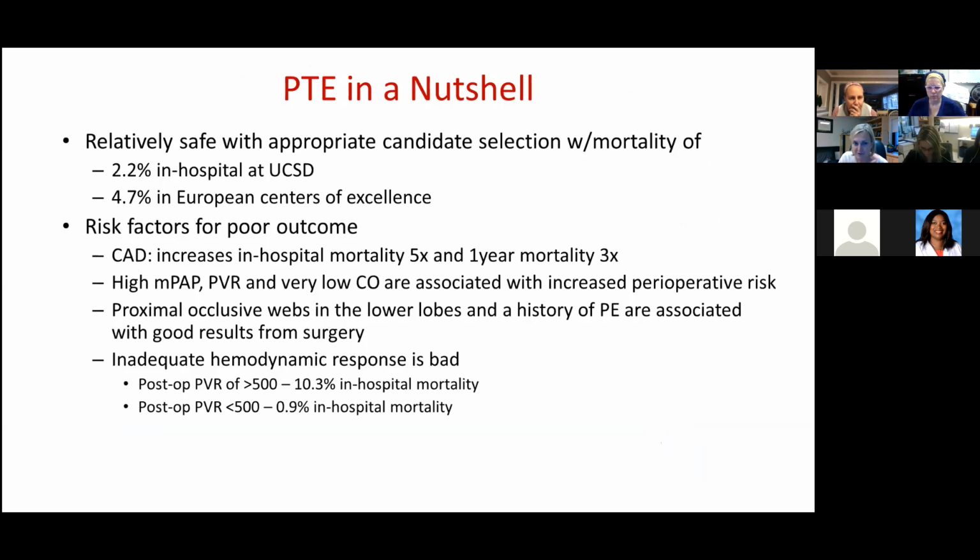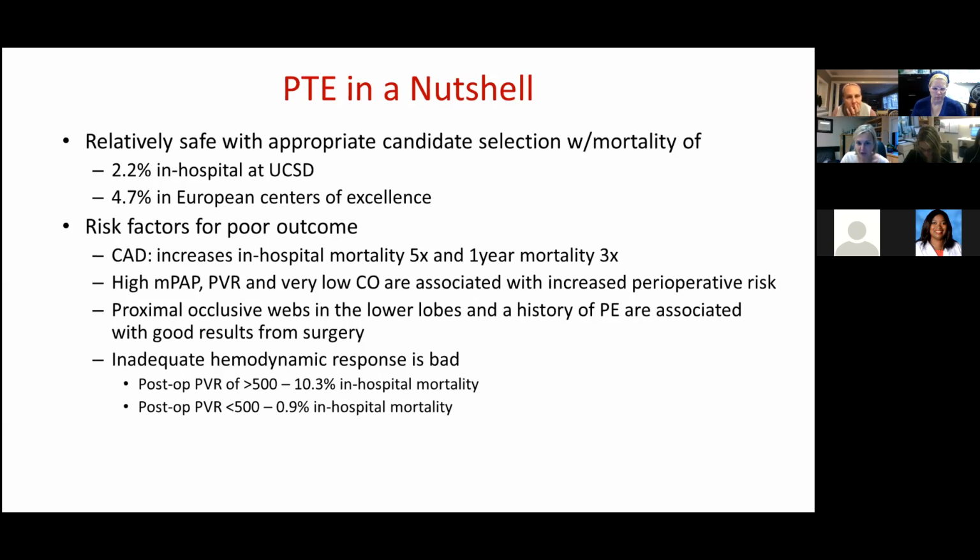The rest of the centers in the United States are far behind in their experience, but there are more and more centers that are developing all over the United States. And usually most of the teams go to UCSD to do some training. It's about 4.7% in European centers of excellence. And again, there are a variety of reasons why the data may be what it is.